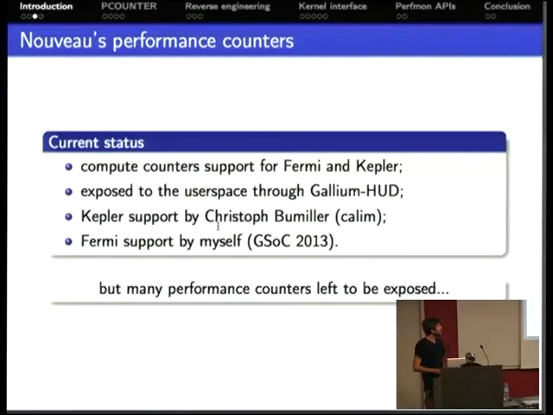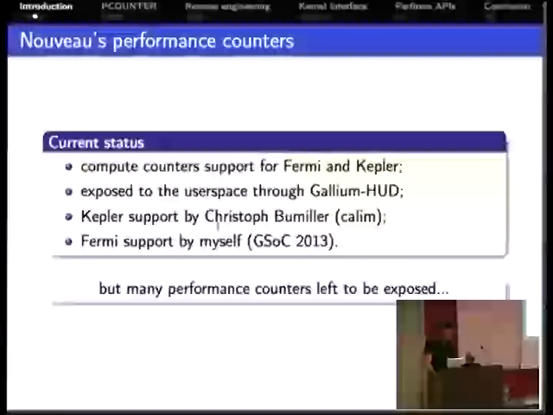For Nouveau, compute counters for Fermi and Kepler are exposed to the user space by the Gallium HUD. The Kepler support was by Christoph Bumiller, Calim, and Fermi support was added by myself during my first Google Summer of Code project. But many performance counters are left to be exposed, like graphics counters.